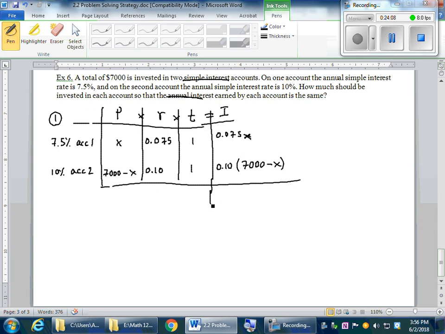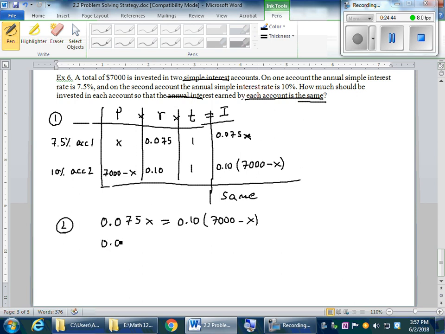The last statement is how much should be invested in each account so that the annual interest earned by each account is the same. It doesn't give you the amount combined together like in the previous example. It tells you the interest earned from each account is the same, meaning they must be equal to each other. So now I can say that 0.075x must be equal to 0.10 times 7,000 minus x.